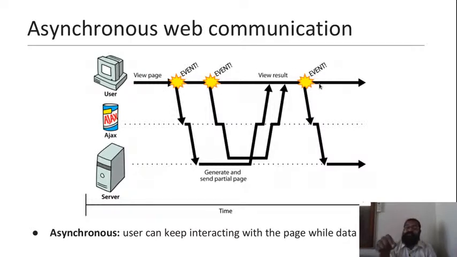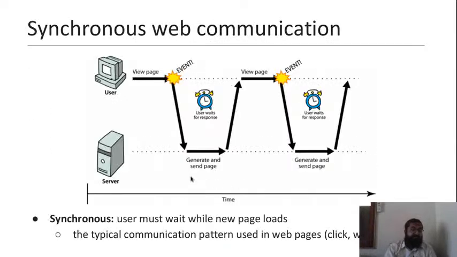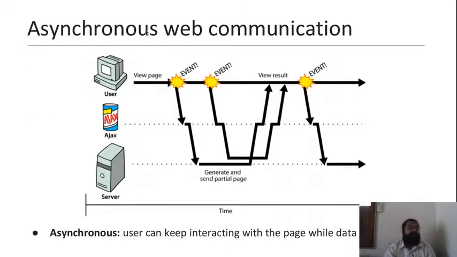I don't have this click, wait, refresh cycle. Instead, when an event happens, an Ajax script stays there, which sends a request to the server, and the server will generate and send the partial page. Earlier, the server would generate and send the entire page.